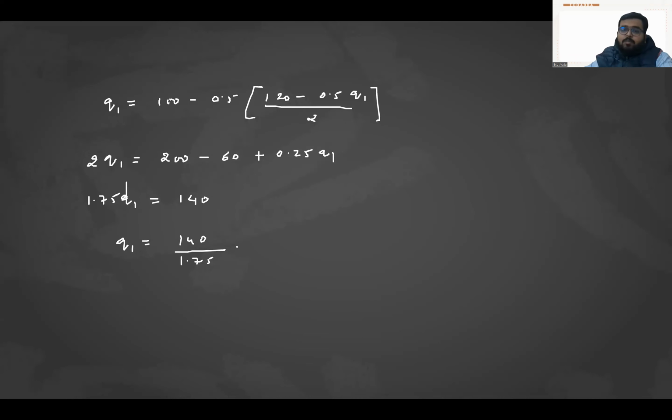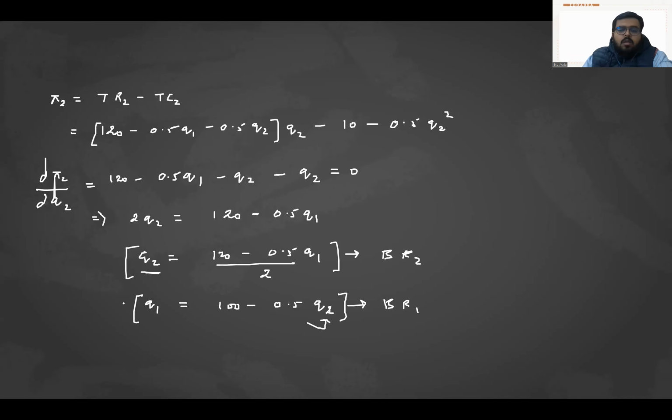Guys, I'm using my calculator to solve this. If you do 140 divided by 1.75, you'll get 80. So Q1 = 80. And since Q1 = 80, which equals 100 - 0.5Q2, what is the value of Q2 here?